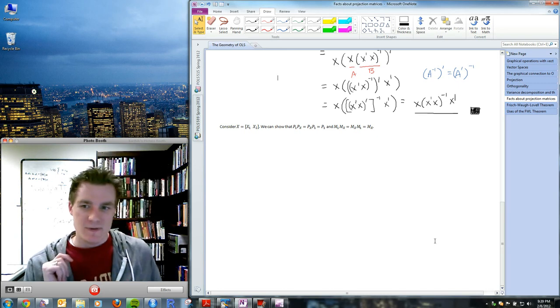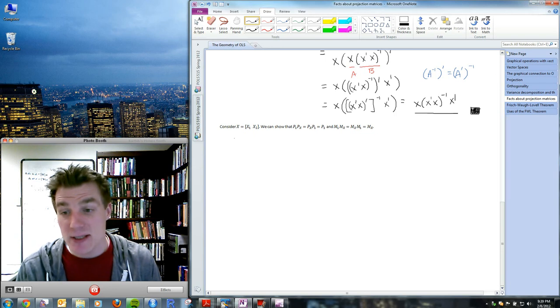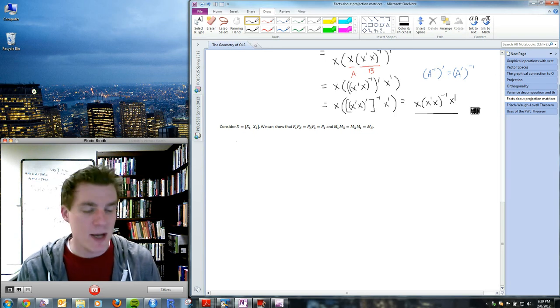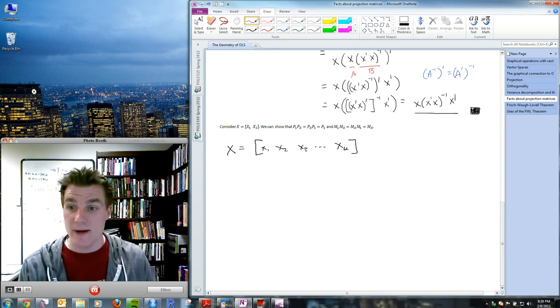All right, finally, consider X equals X1, X2. So this is what's called a partitioned matrix. What I've done is I've said, okay, this X is like x1, x2, x3, blah blah blah, xk. It's a collection of each one of these as a column vector.